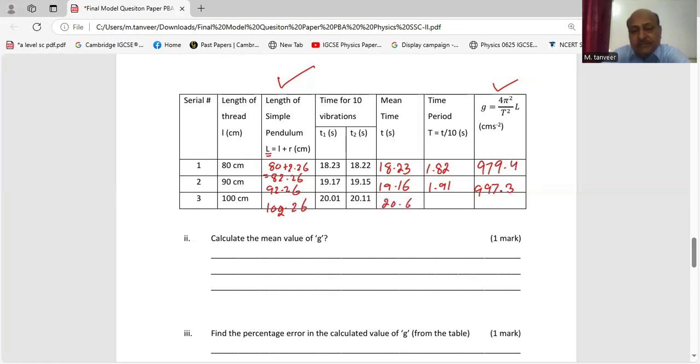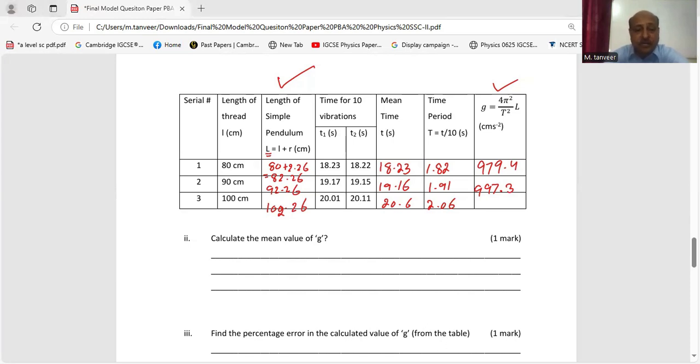By the same method, 20 plus 20, 40, 0.01 plus 0.11, it becomes 0.12. When you divide it by 2, it is 20.6. Next you will divide it by 10, so it becomes 2.06. Now you will calculate the value of g.